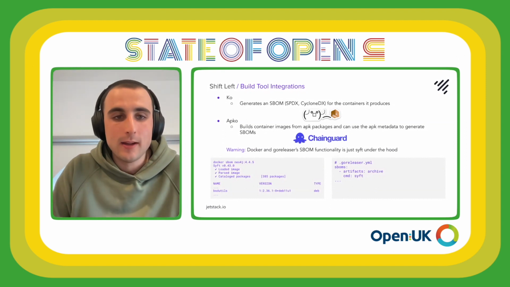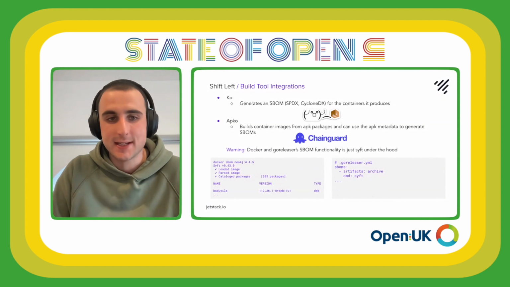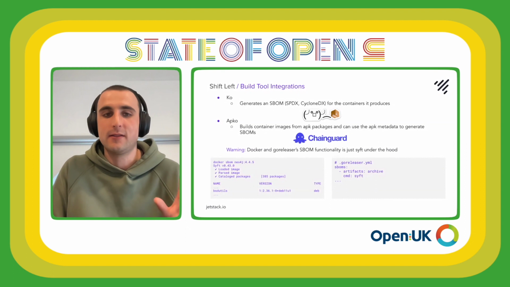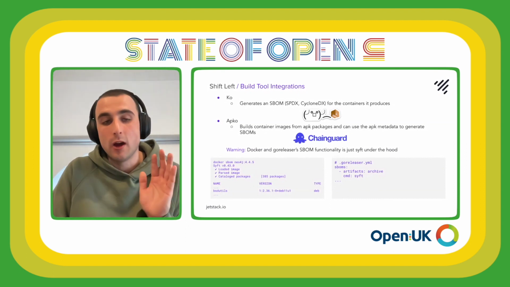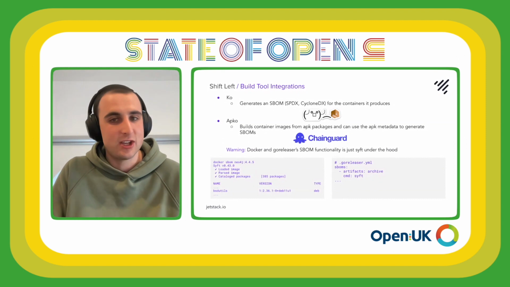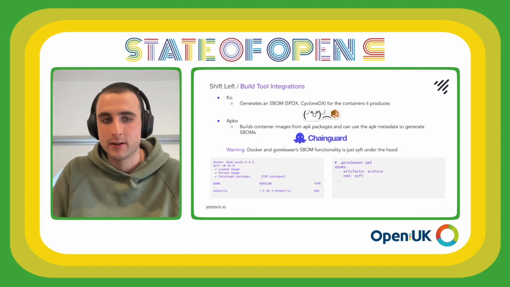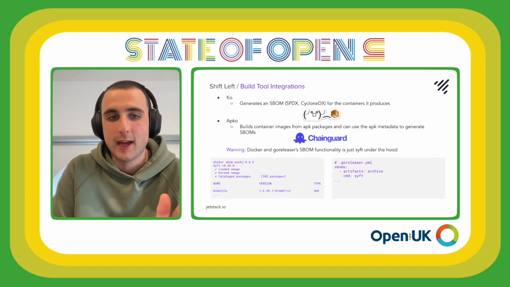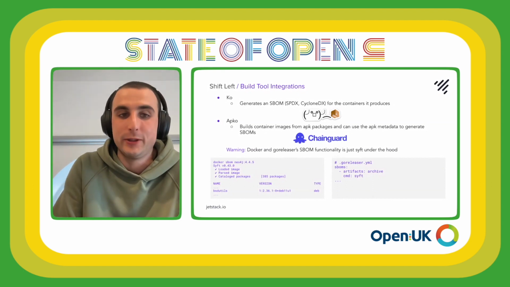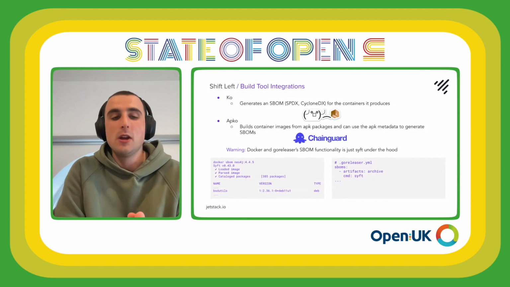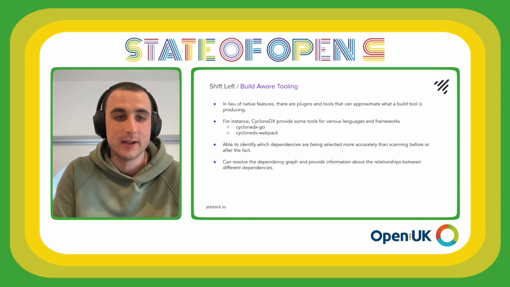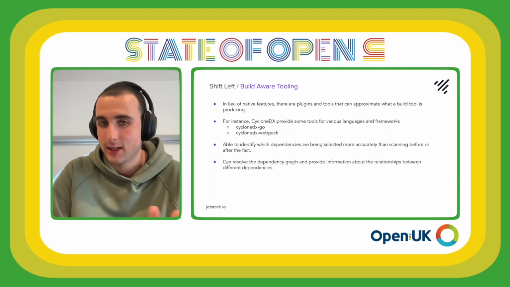Finally, one word of warning is that you'll see a lot of tools claiming to have SBOM functionality, and it's true, they do. It's just that, as an example with Docker and GoReleaser here, but there's others, that SBOM functionality is just a container image scanner under the hood. So at the bottom, you see docker sbom. What that's doing is scanning the container image in the same way as Syft does, but making it look like it does something a little bit more exciting.